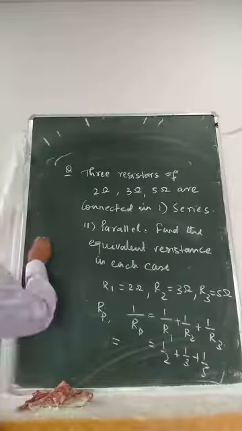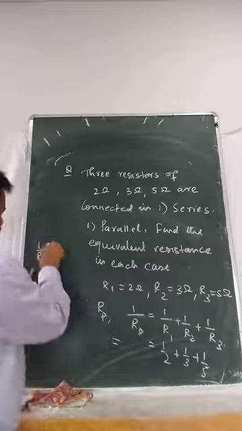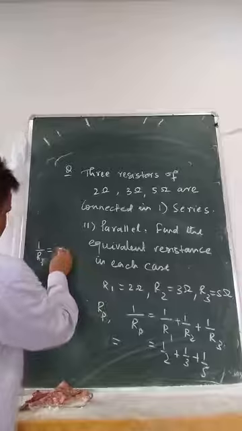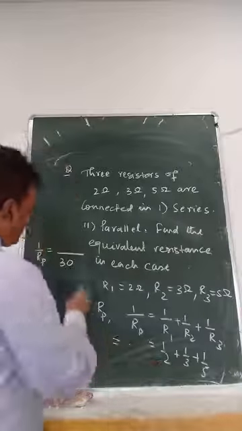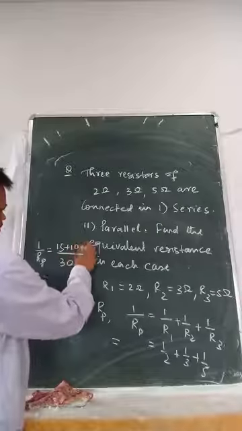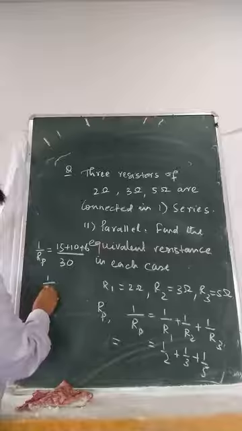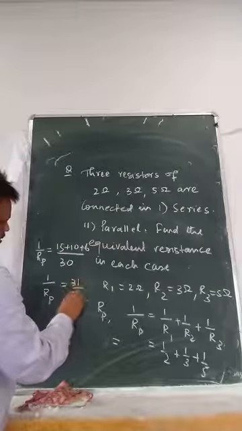So if I solve here, the LCM is how much? 30. 30 is the LCM, 15 plus 10 plus 6. So 1 by Rp equals 31 by 30.